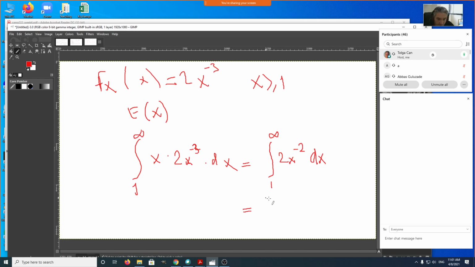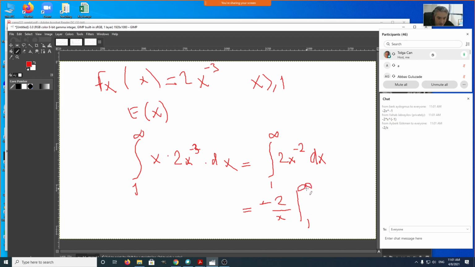So what is the integral of 2 times x to the minus 2? Is it going to be 1 over x? It's going to be minus 2 over x, from 1 to infinity.